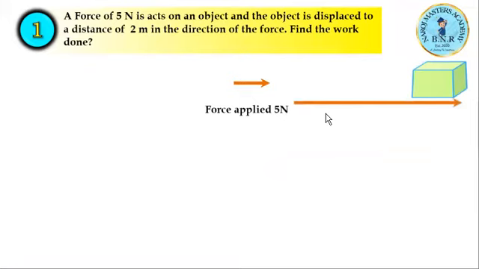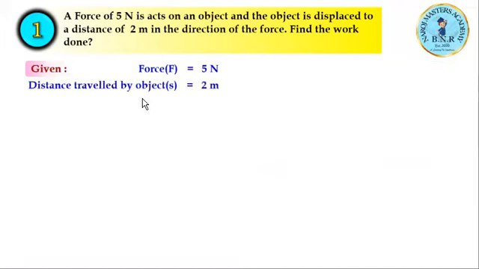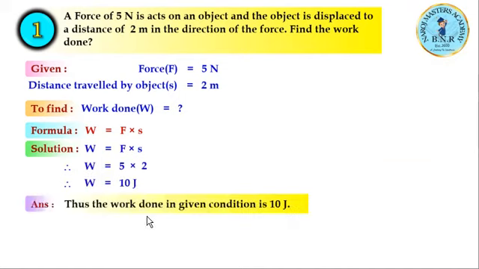Given data: force is equal to 5 newtons, displacement is equal to 2 meters, and work done is equal to force into distance. So that is 5 into 2, equal to 10 joules. The work done in the given condition is 10 joules.